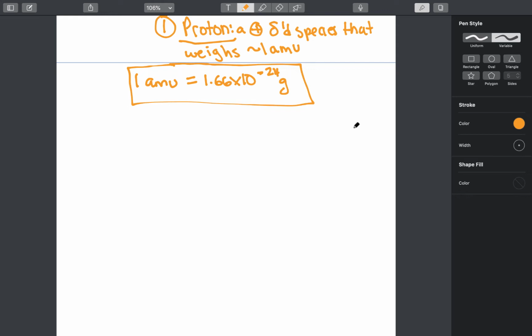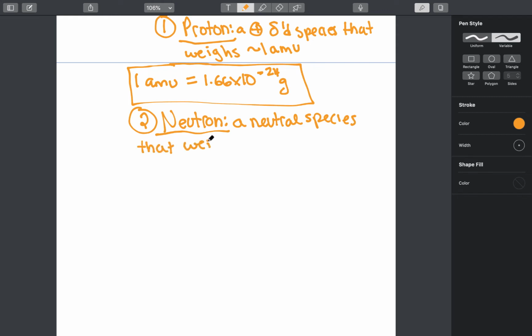So that is what I mean with 1 AMU. So the next subatomic particle is the neutron. The neutron is a neutral species, meaning it has no charge, that weighs around 1 AMU as well.